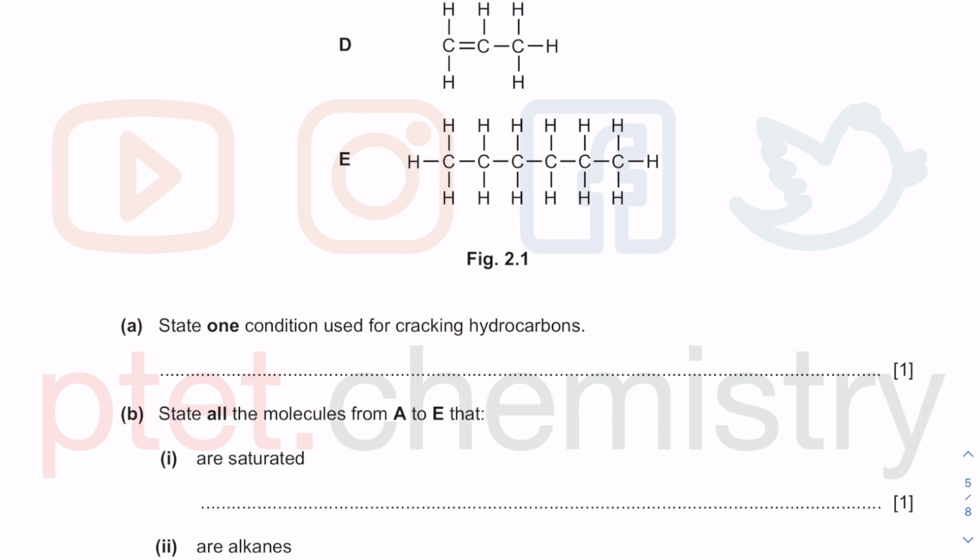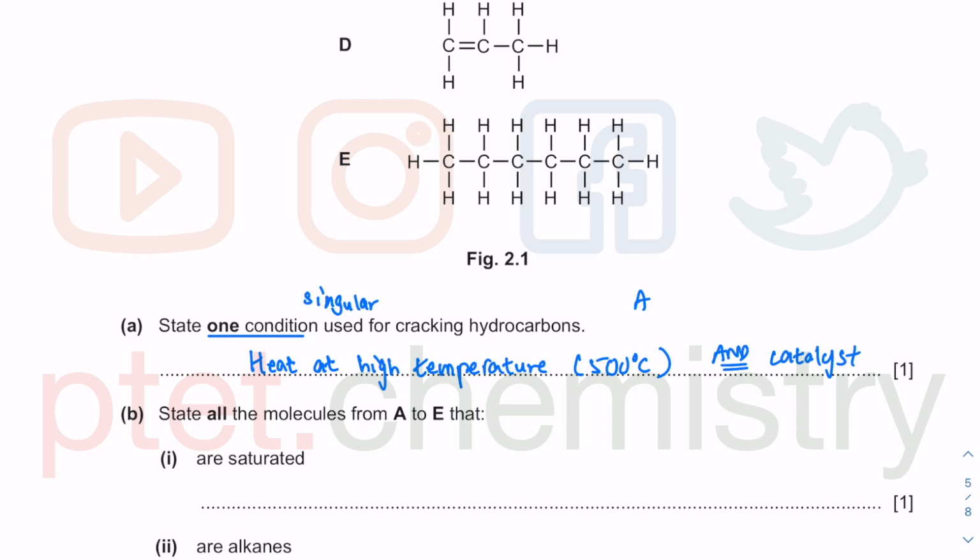State 1 condition used for cracking. They just want 1 condition, singular. I've mentioned 2, but you can just say heat at high temperature, around 500 degrees Celsius, or you can say catalyst. They're supposed to go together, but any one of these should get you the 1 mark.